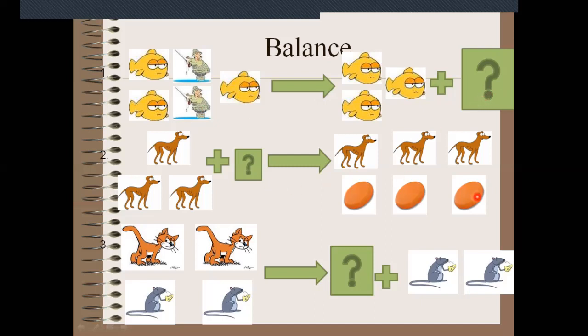Then these three cookies are missing on the left hand side, and in the third expression you can see there are two cats and two mice on the left hand side, but on the right hand side there are only two mice. So there should be two cats on the right hand side too. The same principle is applied to balance chemical equations.